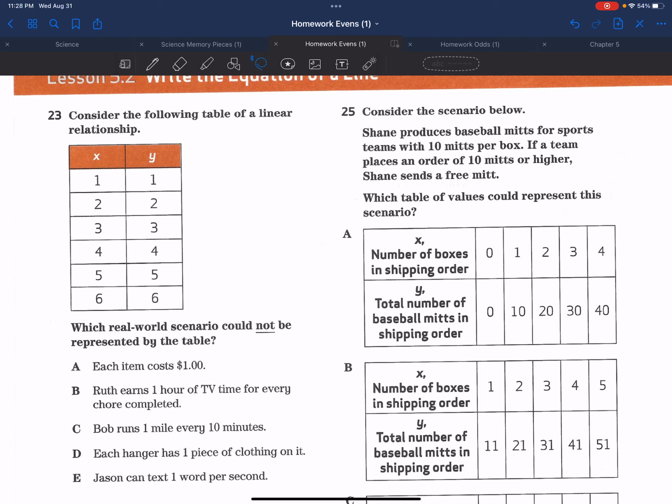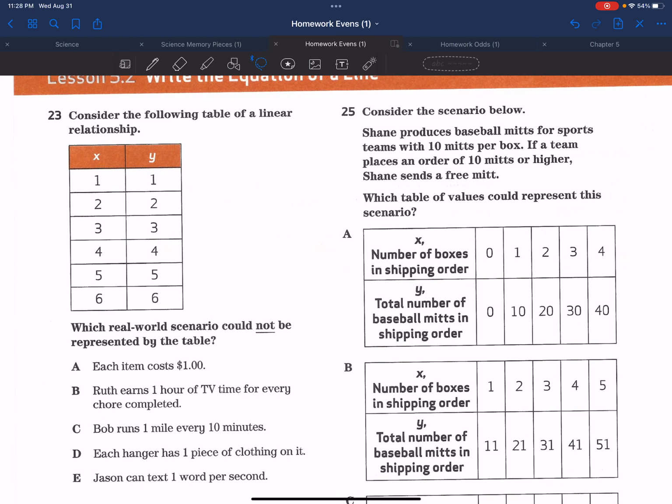But let's work it and see what we have. So y sub 2, let me label my points, minus y sub 1 over x sub 2 minus x sub 1 is 1 over 1 or 1.